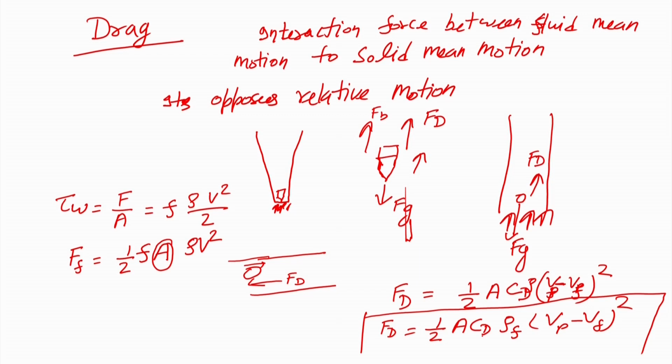CD for the laminar flow is known very well, and it has a direct correlation with the Re; CD is equal to 24 by Re for the laminar flow. For the turbulent flow or the Newton's law flow, where the Reynolds number values are relatively higher, the CD value is not known, and again we have a chart which is CD versus Re, where you can calculate the CD value, or different authors or researchers have derived correlations to find the CD values in different environments.